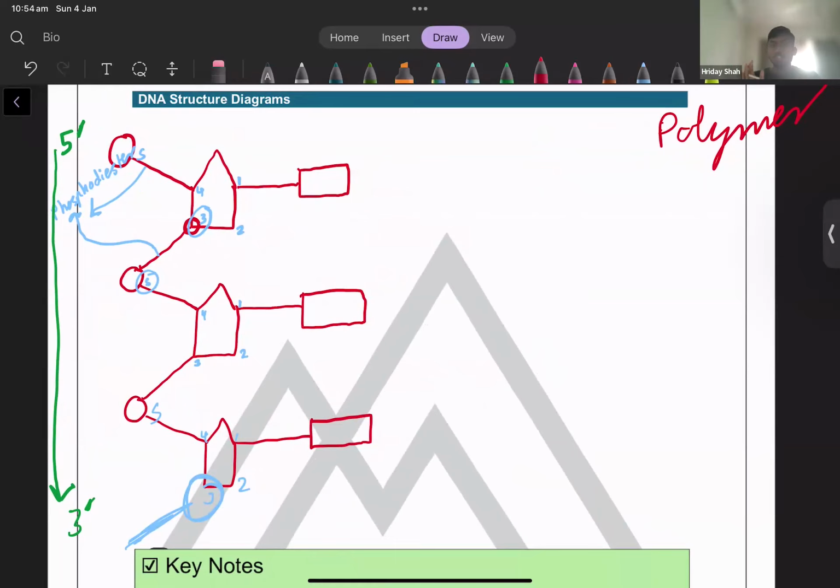So this is just one strand though. On the other side, we'll have the other strand.